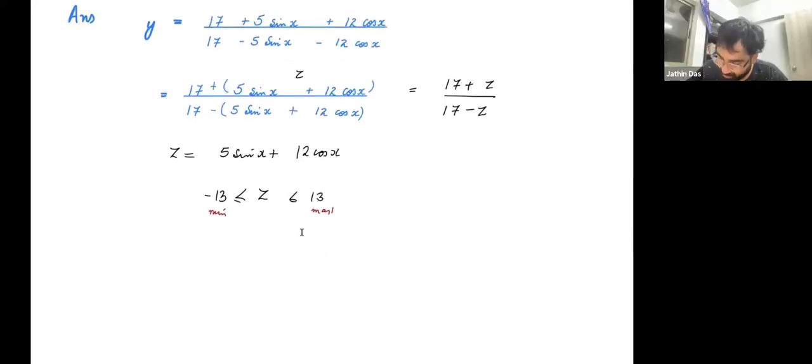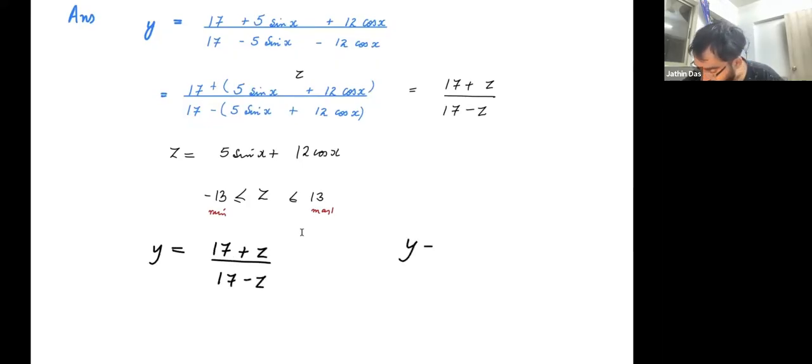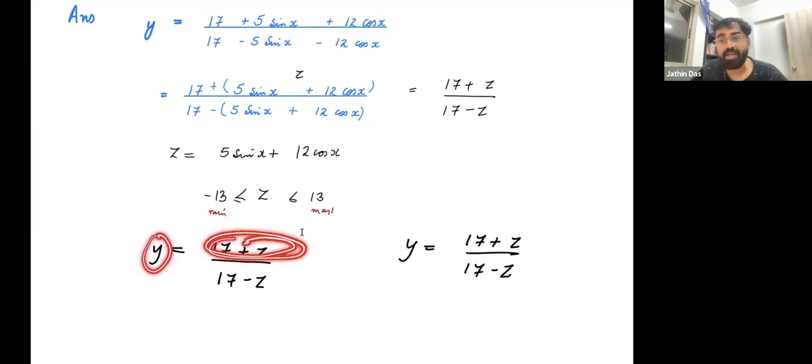Now suppose I got y is equal to (17 plus z) by (17 minus 2z). I'll just write 2 times because there's a reason for that. For my explanation, if I put a maximum value in the numerator, y is also maximum.